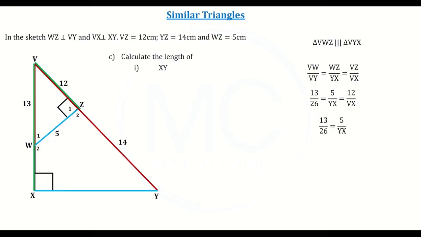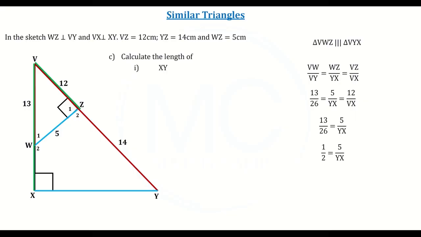Now, before we try and solve, we can see that 13 and 26 are both divisible by 13. So let's simplify. 13 divided by 13 is 1, over 26 divided by 13, which is 2. So now we have 1 over 2 is equal to 5 over YX.